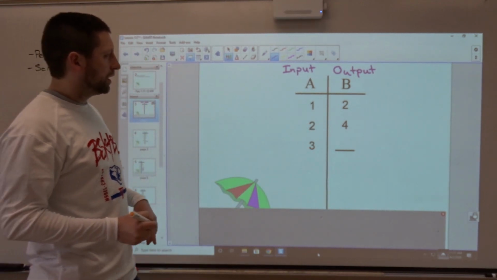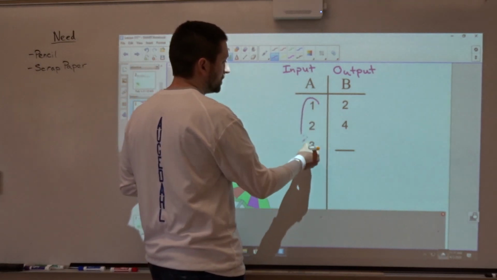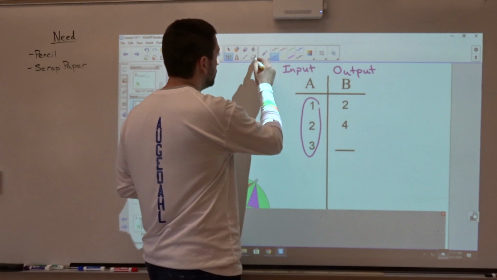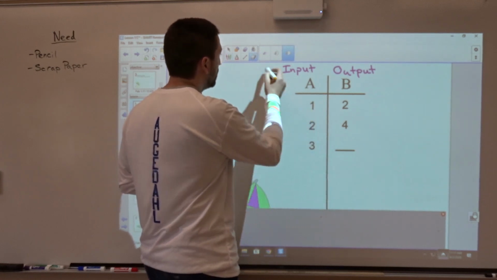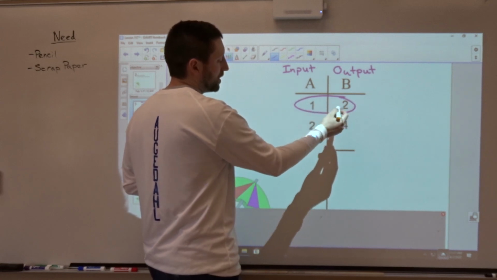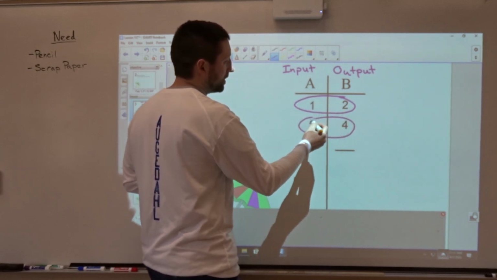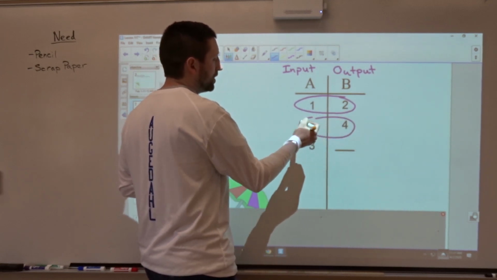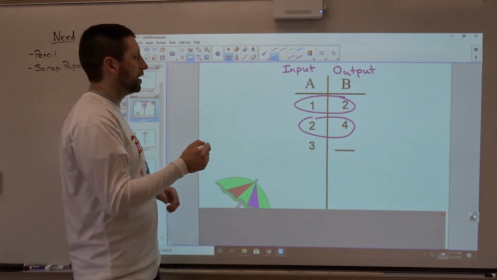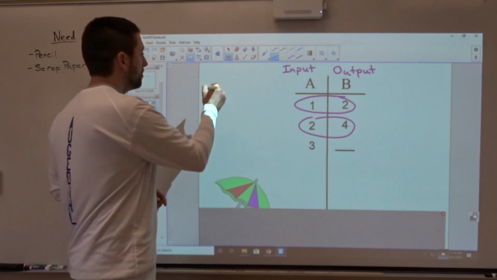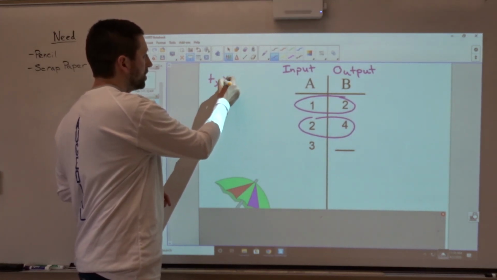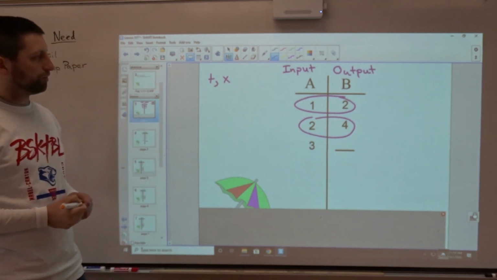Alright, so I look here, and the first thing that I see is that the two numbers I do know for A are getting bigger. 1 is less than 2, 2 is less than 4. So I know that my numbers have to be getting bigger, and the only way to get them bigger is by either adding or multiplying.